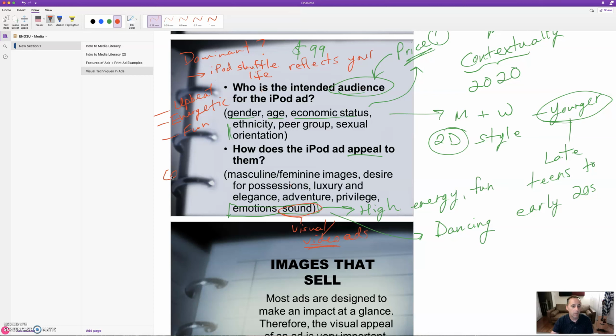Think about the camera work. The camera mirrored the dancers, so it's like the camera was dancing around too. And finally at the end, the symbol merged with the person and actually erased the person.